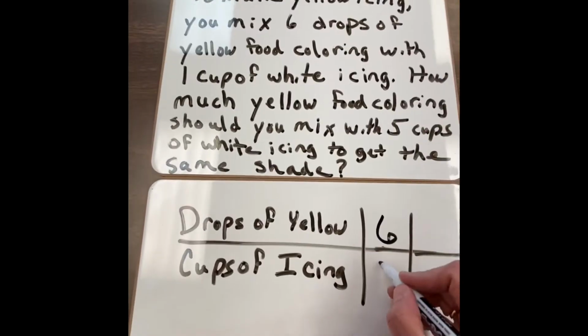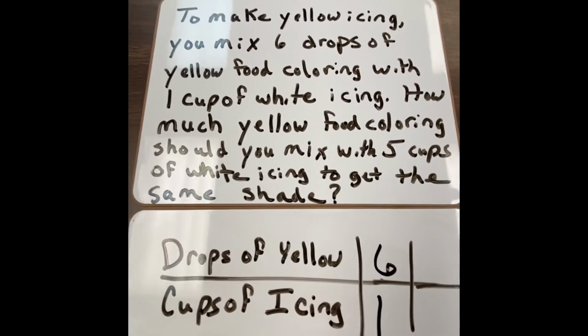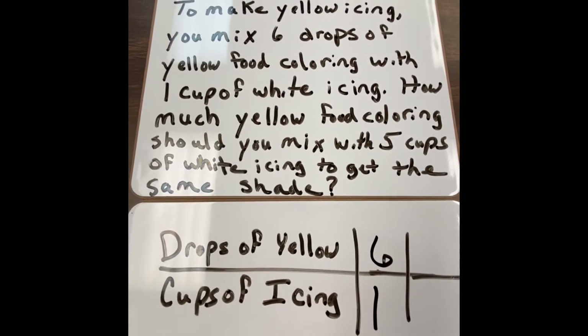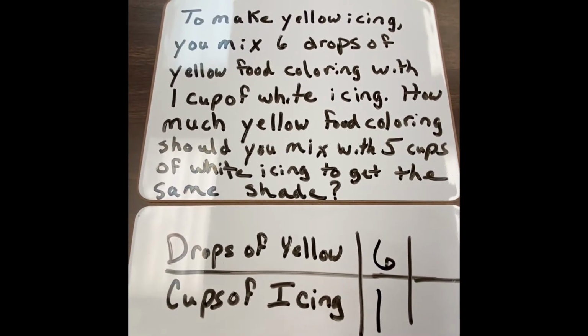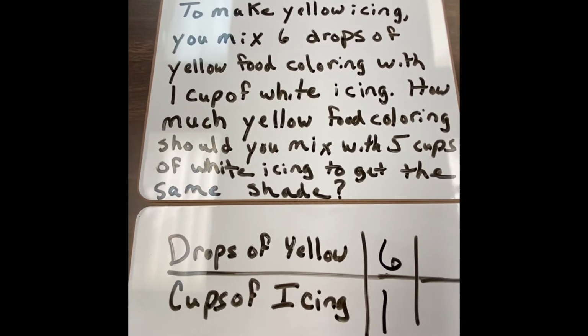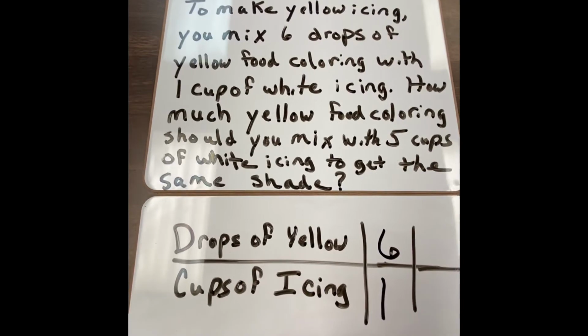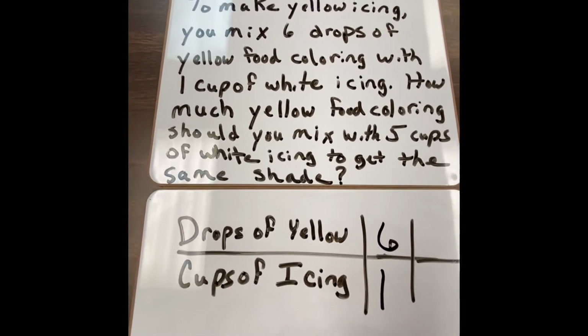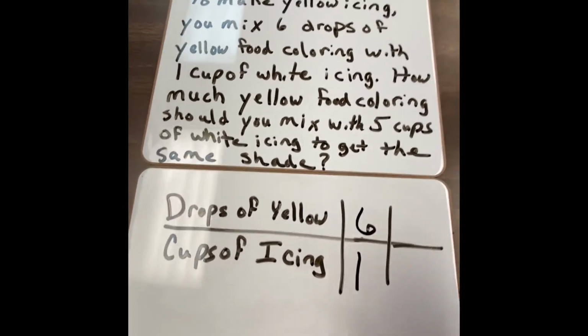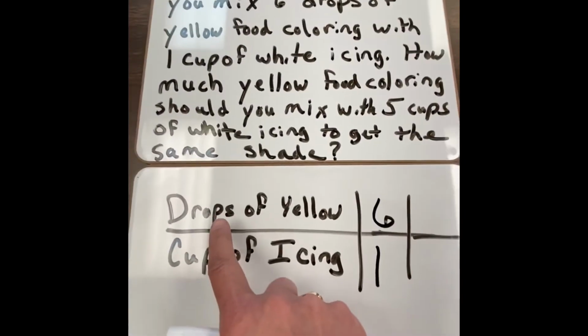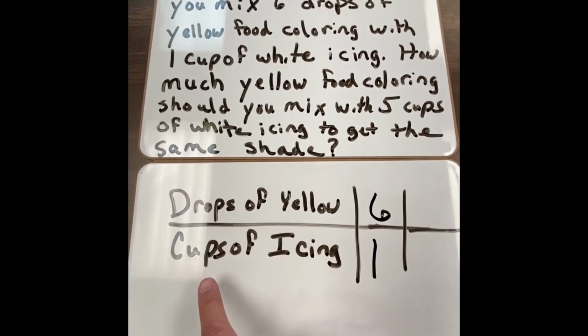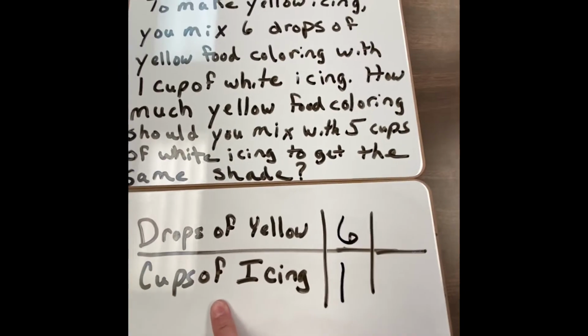1 cup, right? So now it is saying how much yellow food coloring should you mix with 5 cups of white icing to get the same shade? So where are we going to put the 5? Does the 5 represent the drops of yellow food coloring, or does it represent the cups of white icing?